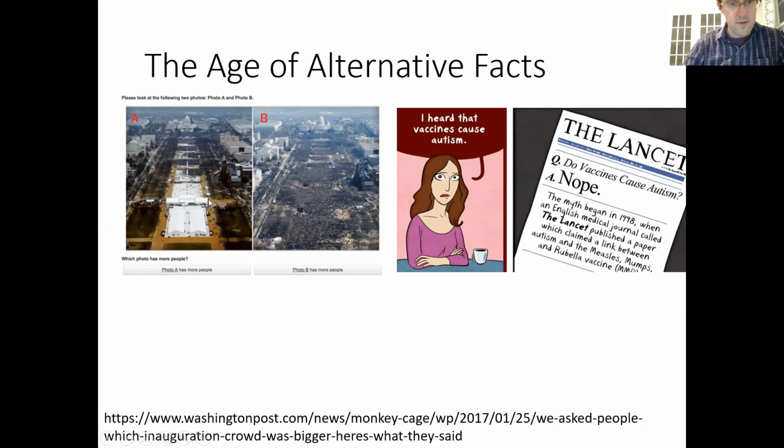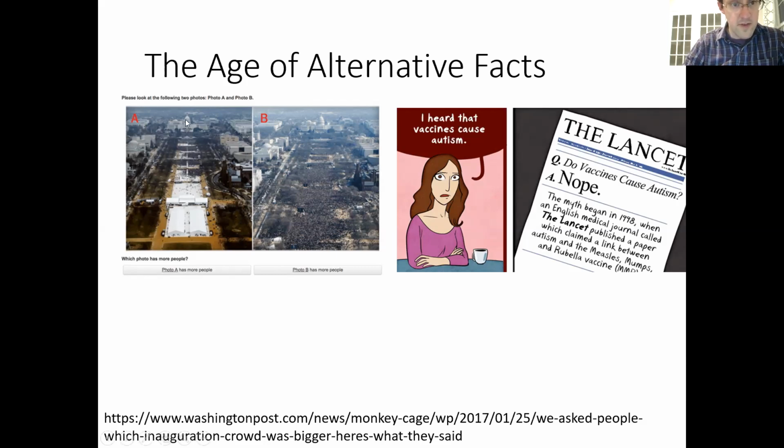Trump then wanted the National Park Service, who took these pictures, to take these pictures down or to alter them or to somehow explain that no, in fact, Trump had more people at his inauguration than Obama did at his first.